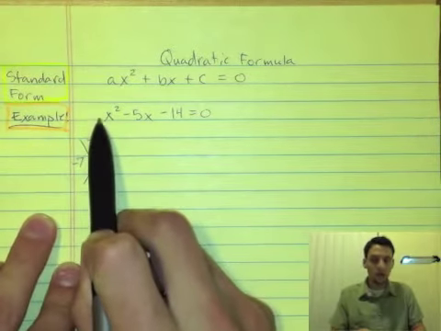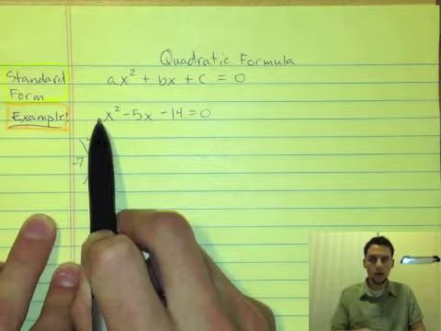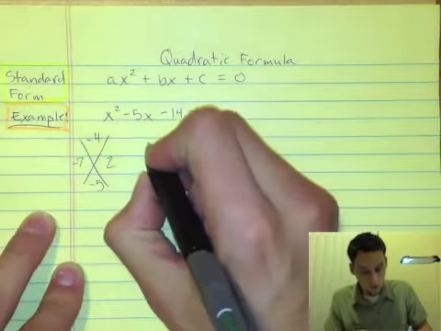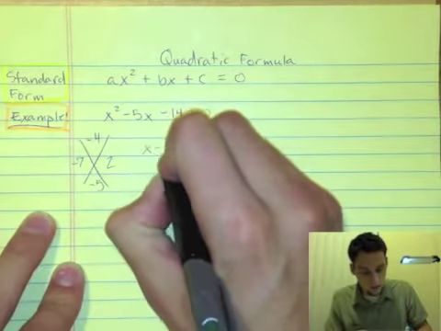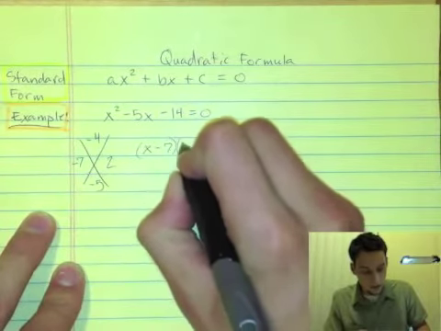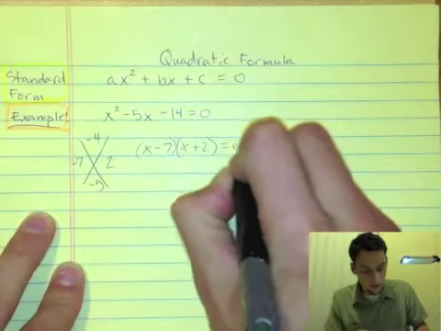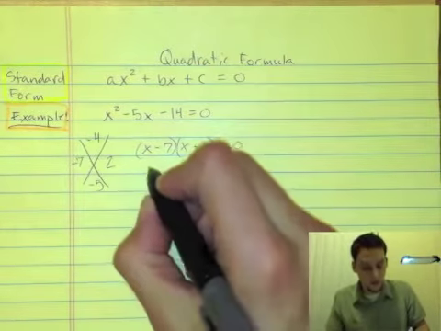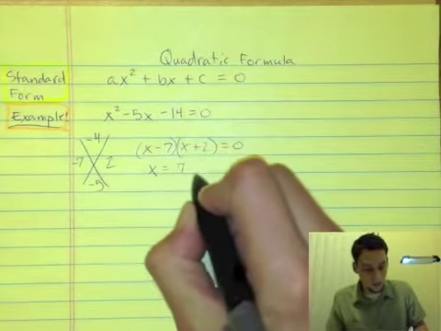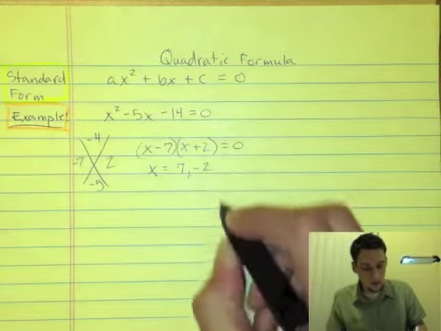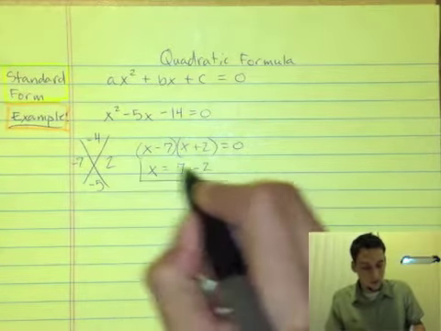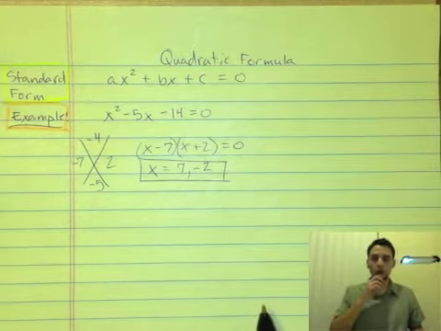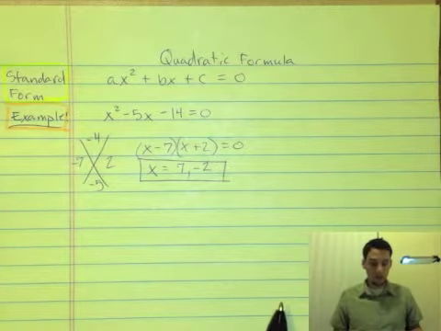Since we have a lead coefficient of 1, we can use our shortcut. So we'll have x minus 7 times x plus 2 equals 0. If we set each piece equal to 0, we could solve for x, getting x equals positive 7 and negative 2. Those are our two roots to this quadratic equation.